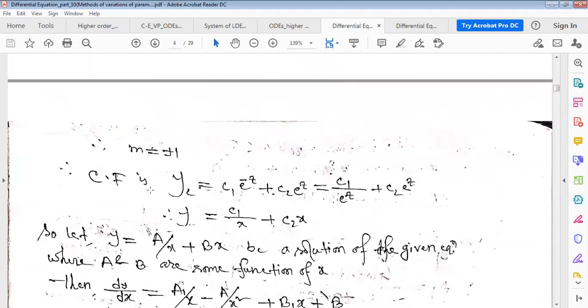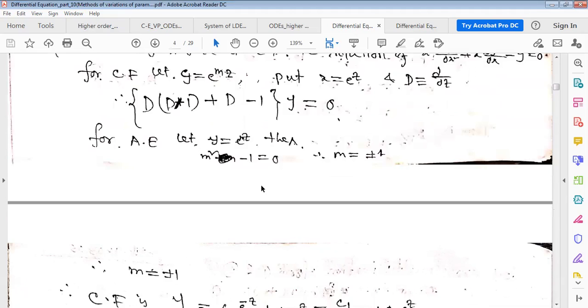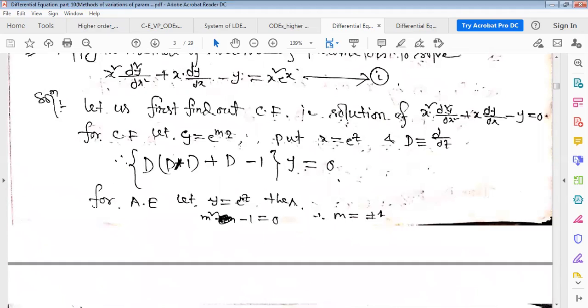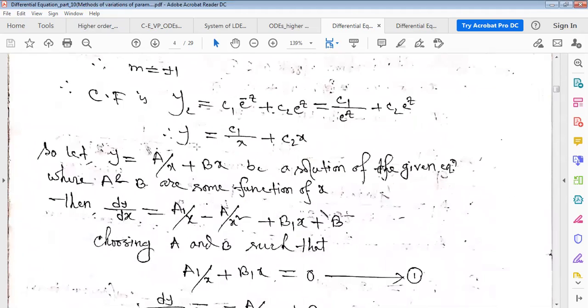So the complementary function can be written as c1 e to the power minus z plus c2 e to the power z. Now c1 divided by e to the power z plus c2 into e to the power z, where e to the power z equals x. So y equals c1 divided by x plus c2 into x. This is the complementary function.